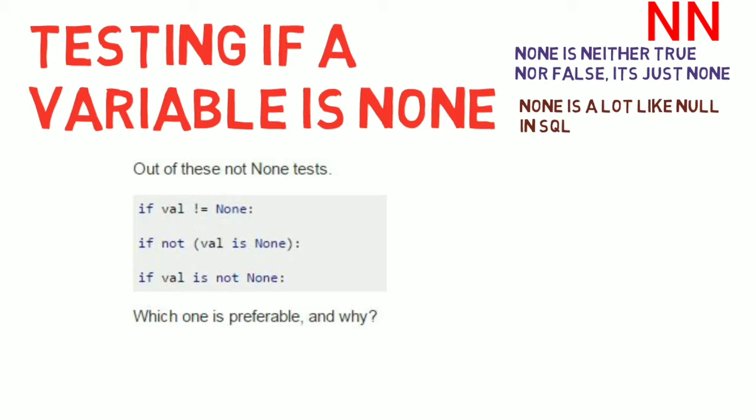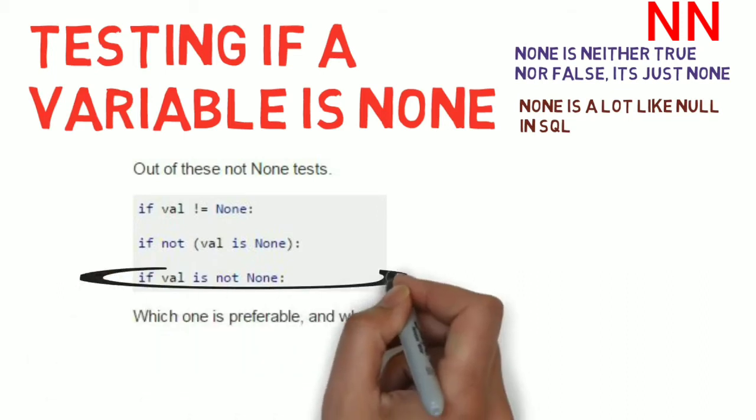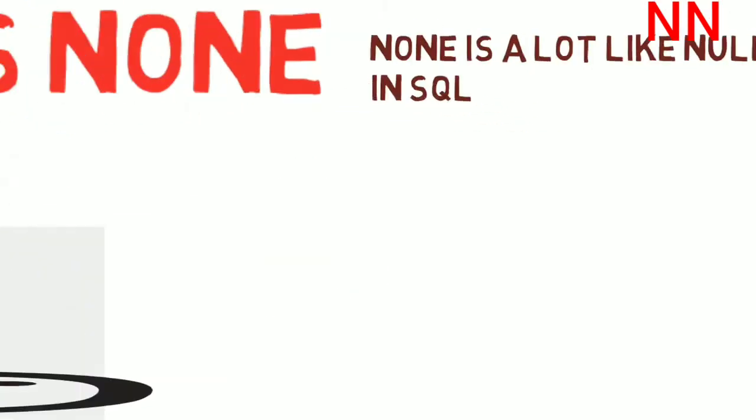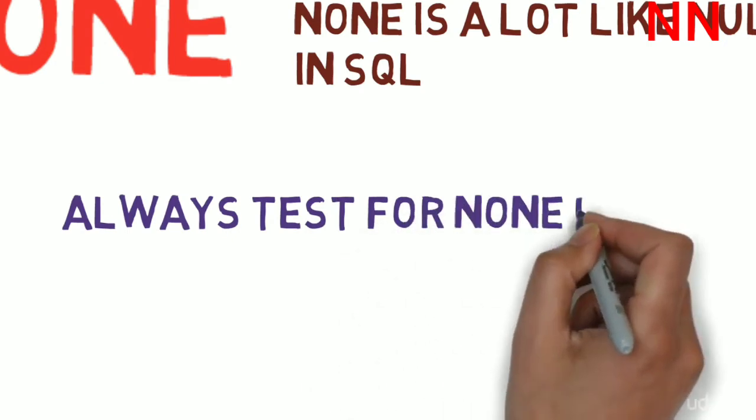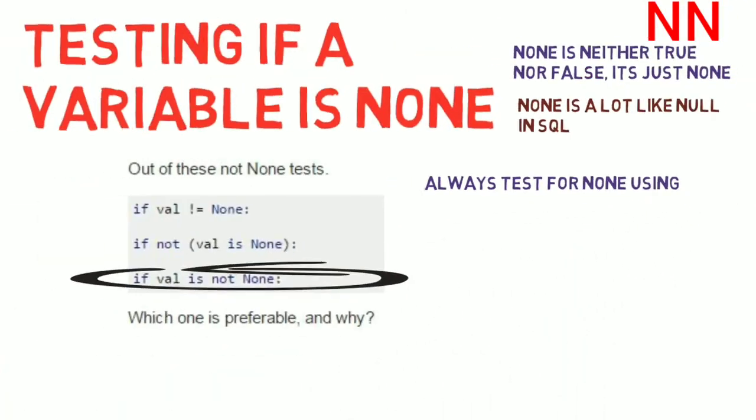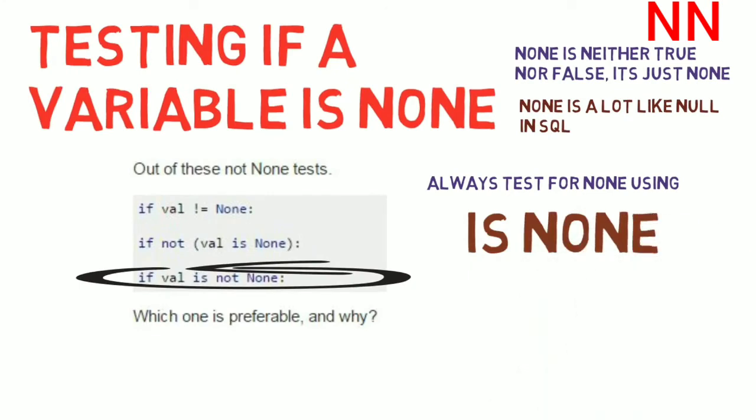Take a look at these none tests. The first says if value not equal to none, if not val is none, and if val is not none. If val is not none is the preferred option. We always test for none using is none and is not none.